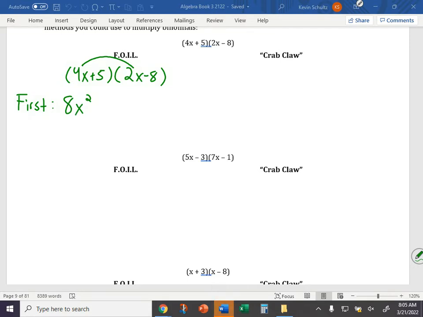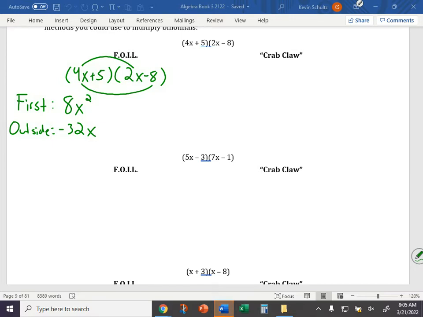The O stands for outside, which means now that we've multiplied the 4x by the 2x, we're going to take that same 4x and multiply it by the negative 8. We've taken that 4x and multiplied it by each term in our second set. And 4x times negative 8 gives us negative 32x.